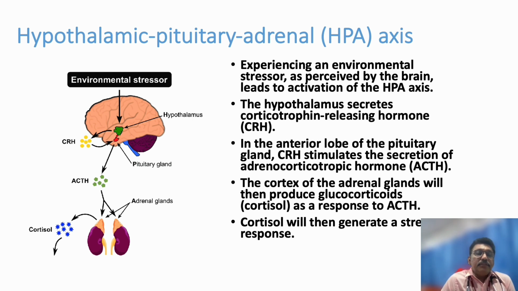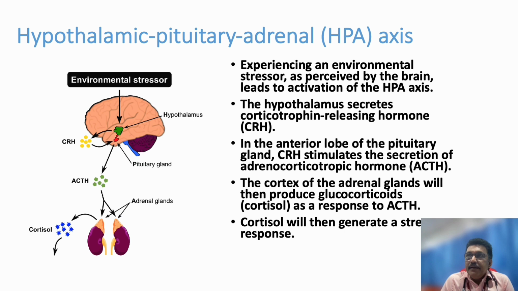That has a stress response. That means whenever we have a stress, more cortisol will be produced. And suppose the patient is having sepsis. When there is sepsis, actually the cortisol level sometimes goes down. Hypocortisolism occurs, so you can get hypotension.